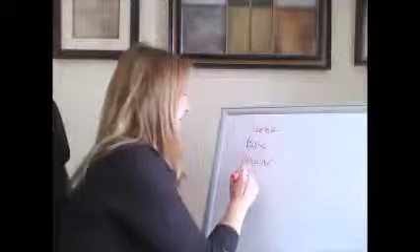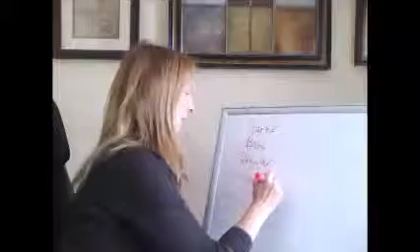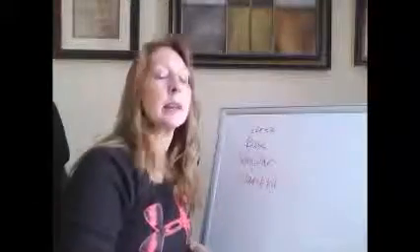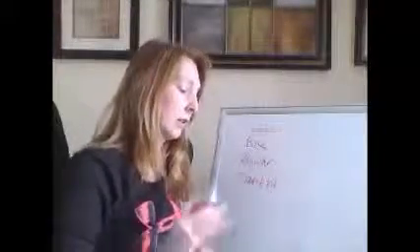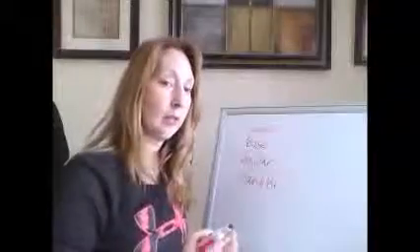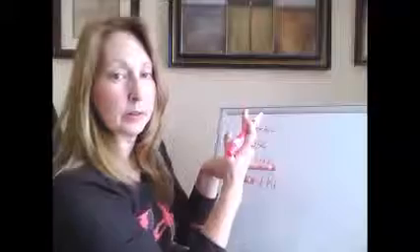Then I have the slant height. The slant height is the distance from the vertex to the midpoint or edge of a base. It's not the perpendicular height. It's the actual side. I know that's not exactly right, but you get the idea.